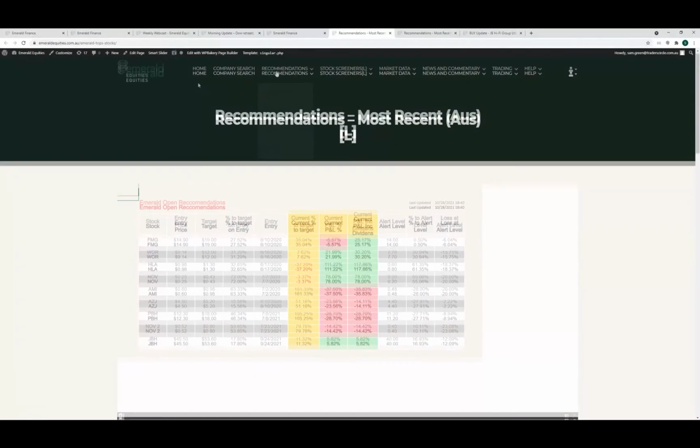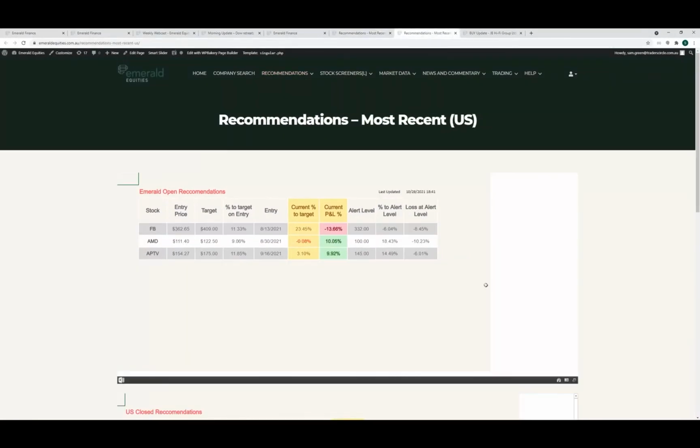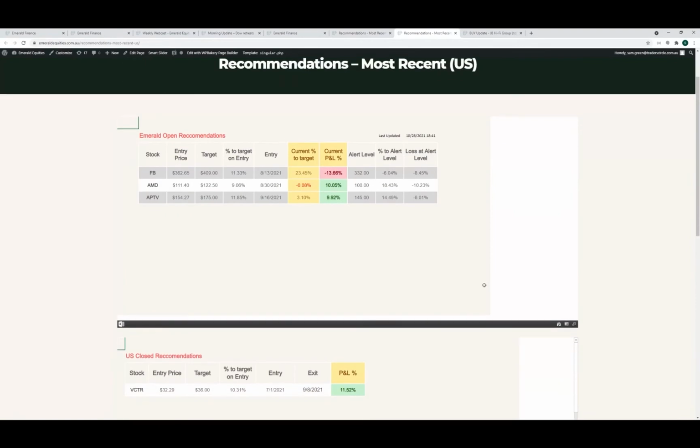Something that we've started doing as well is we've come out with US recommendations. It took a little while for us to get our processes and numbers attuned, and we're starting to suggest trades or investments in the US now. A few years ago, it was very difficult for Australian investors to gain access to US markets.